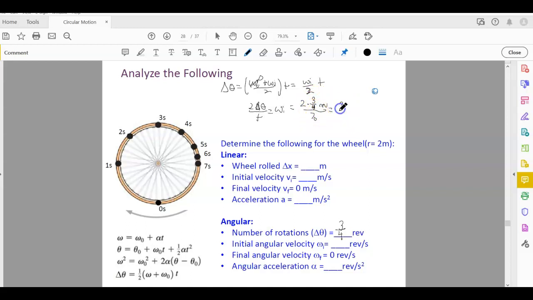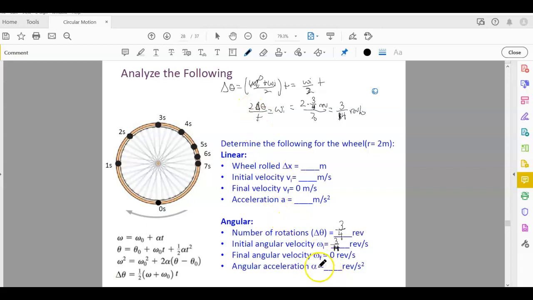And that is going to turn out to be 3/14 of a revolution per second. So 3/14 of a revolution per second. That is what the initial angular velocity is. Well, cool. That makes things a lot easier.